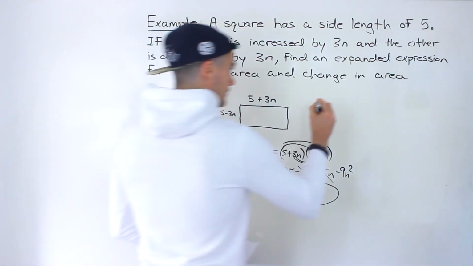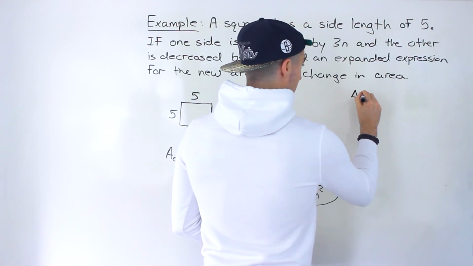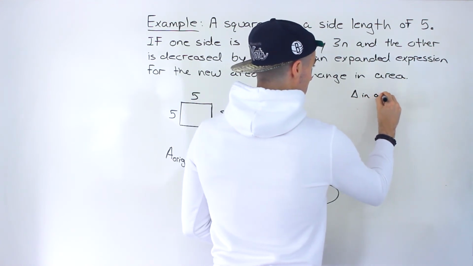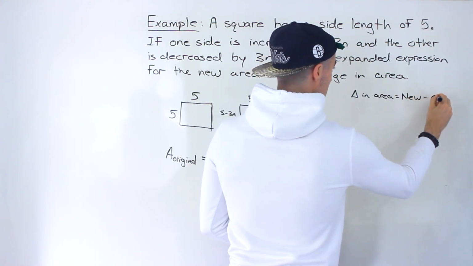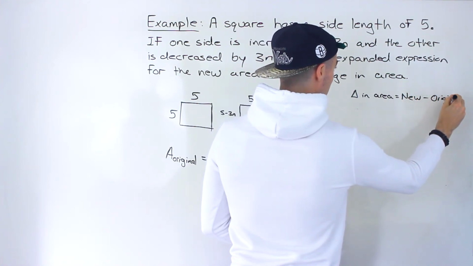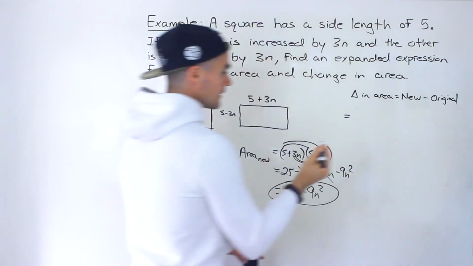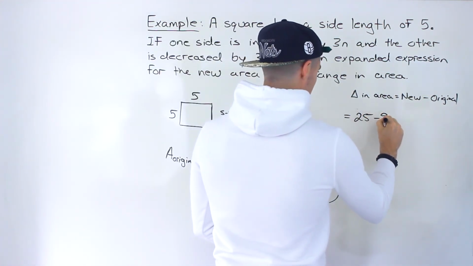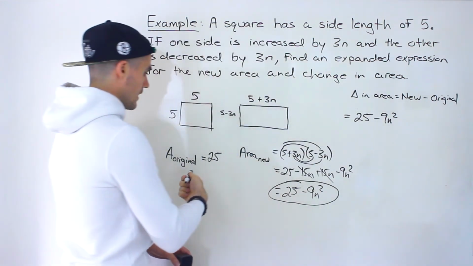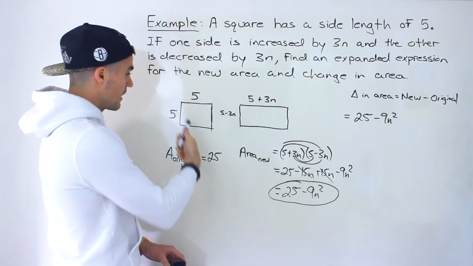We also have to get the change in area, which is going to equal what? It's going to be the new area minus the original area. And notice that we have already expanded expressions for both of them. The new area, 25 minus 9n squared, and then the original area is 25, the 5 times 5.